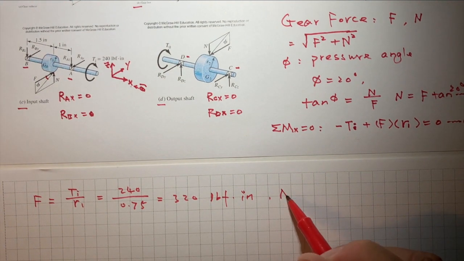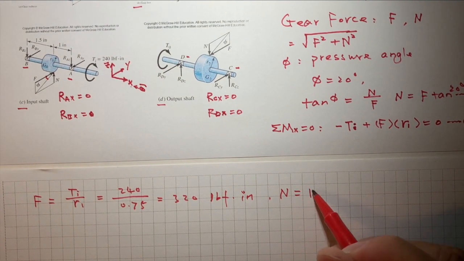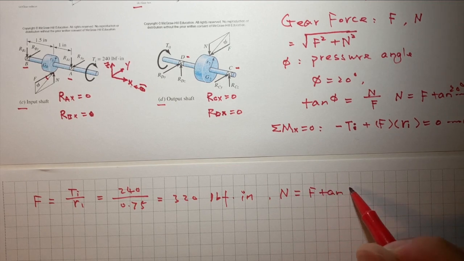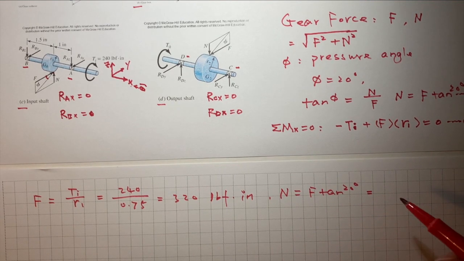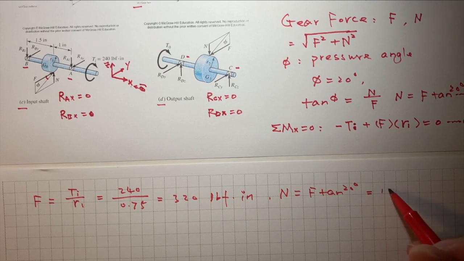Therefore, you can find that N equals F tangent 20 degrees. So N is 116.5 pounds force.